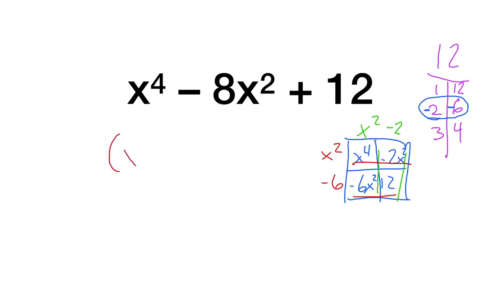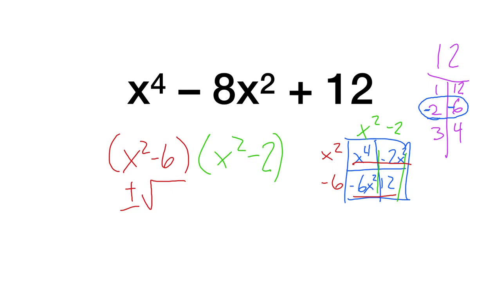So our final factored version would be x squared minus 6 times x squared minus 2, which, by the way, means the way that we have been simply factoring these quadratic equations whenever the leading coefficient is 1 also works on these specific types of quartic equations. So x squared minus 6 and x squared minus 2. In both of these, unfortunately, it ends up being plus or minus the square root of 6 and plus or minus the square root of 2 when we use difference of squares.